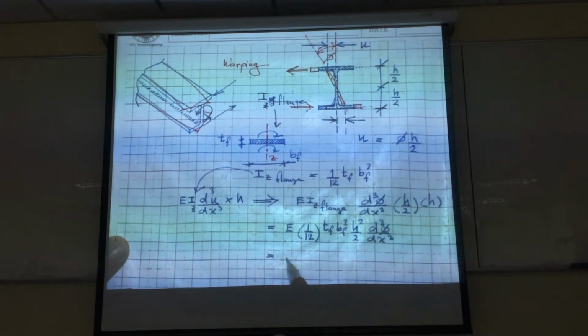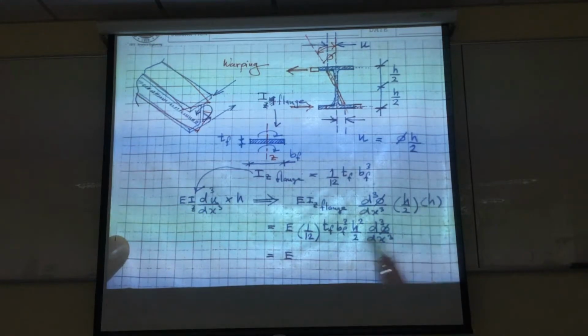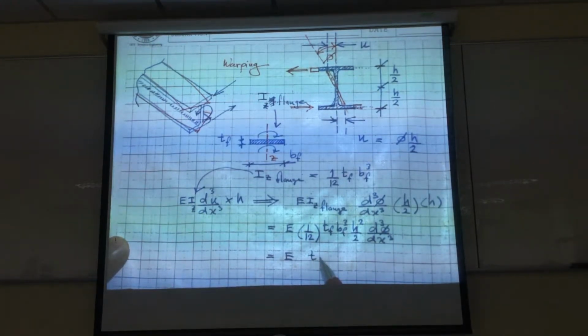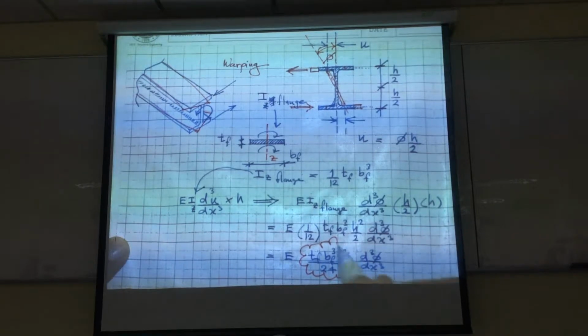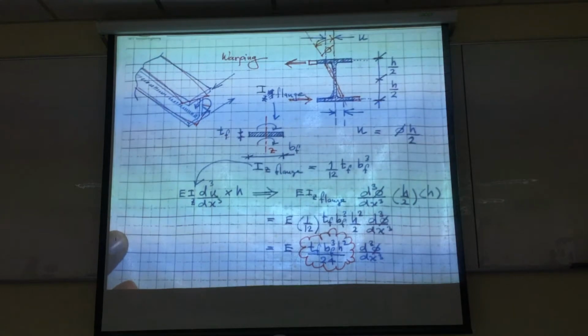Finally we have E times t_f b_f cubed h squared over 24, third derivative of phi with respect to x cubed. This is C subscript w.